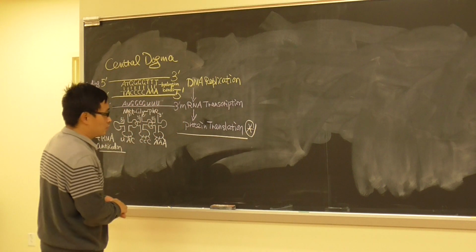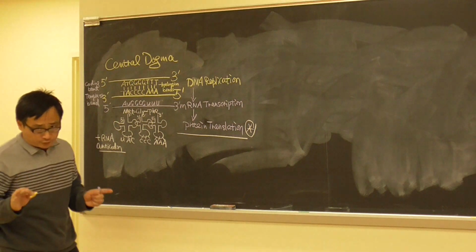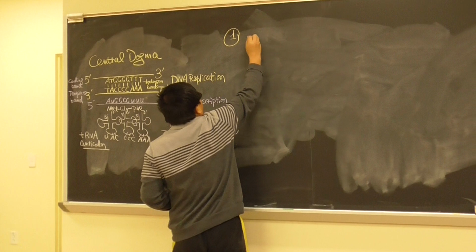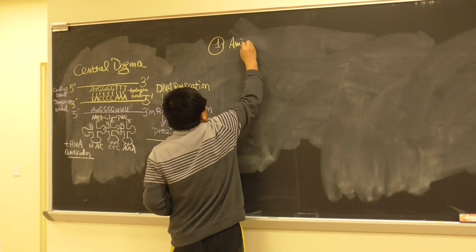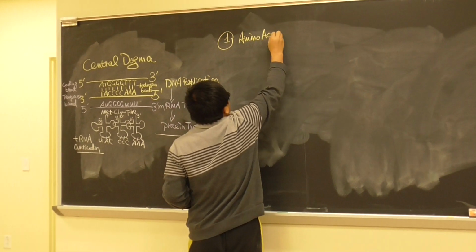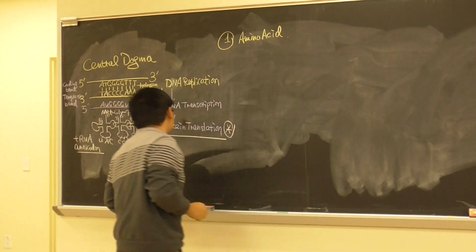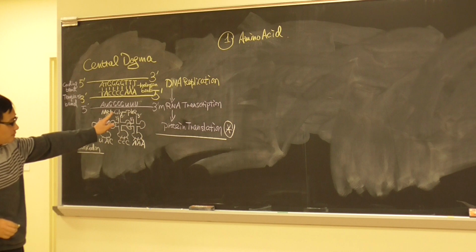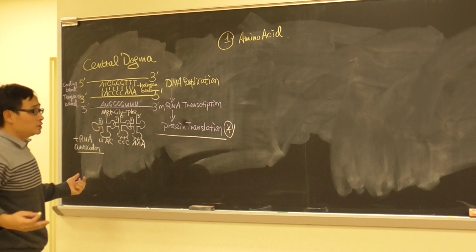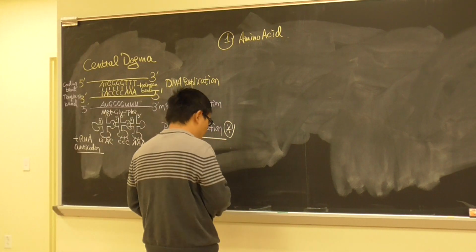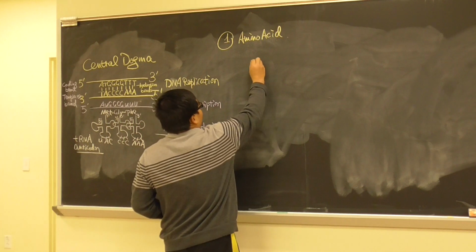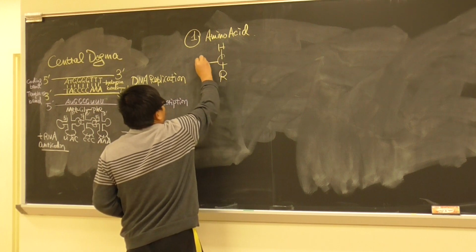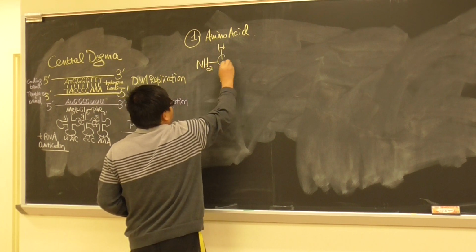Before we talk about translation, we would love to go over two basic pieces of knowledge. Number 1 is amino acids, because at the end of the day, they will become amino acids. So we need to know what an amino acid is. Said very simply, an amino acid structure is always like this.